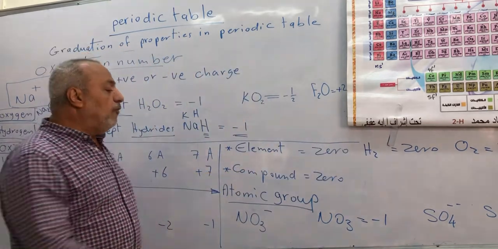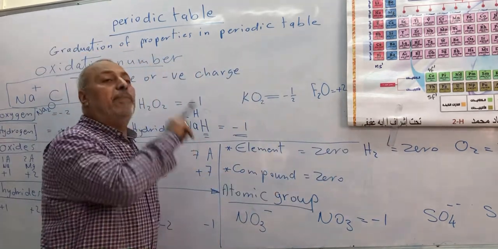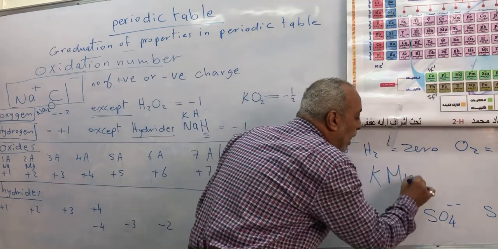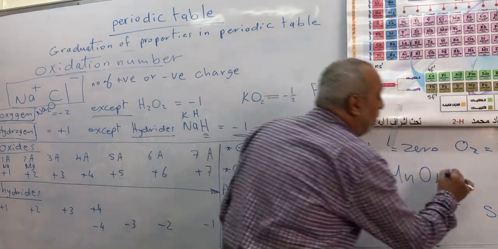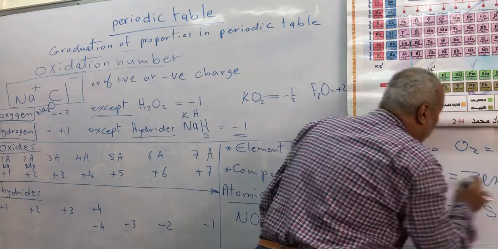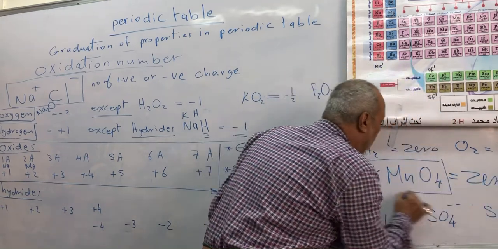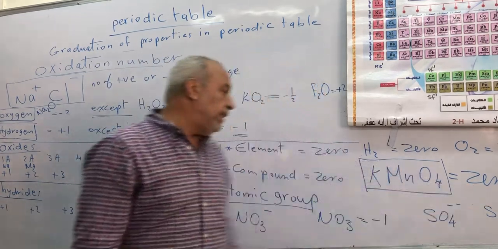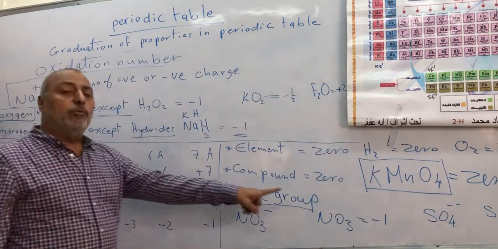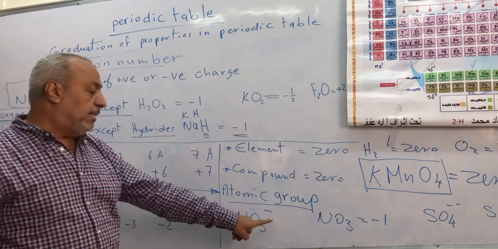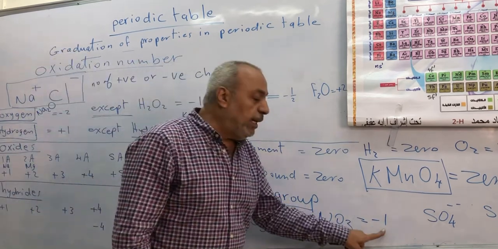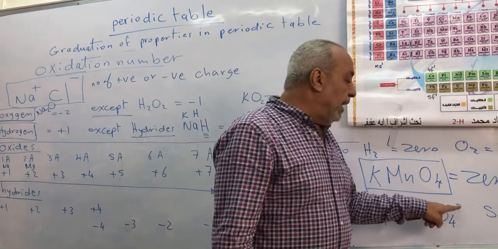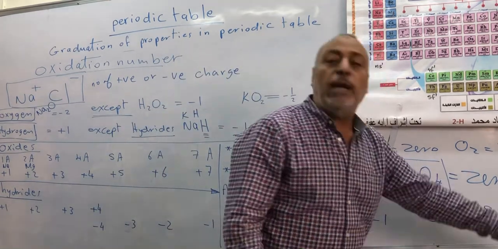Number 2, if we have a compound, the summation of the oxidation numbers, for example KMnO4, equals 0. For any compound, the summation of oxidation numbers equals 0. But if we have an atomic group such as NO3 negative, the oxidation number equals -1. SO4 equals -2.